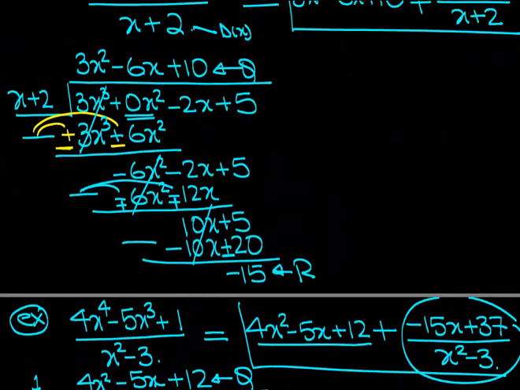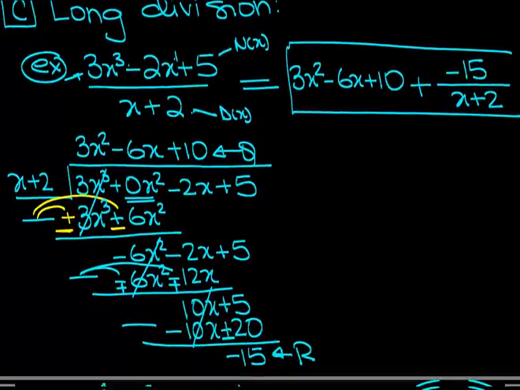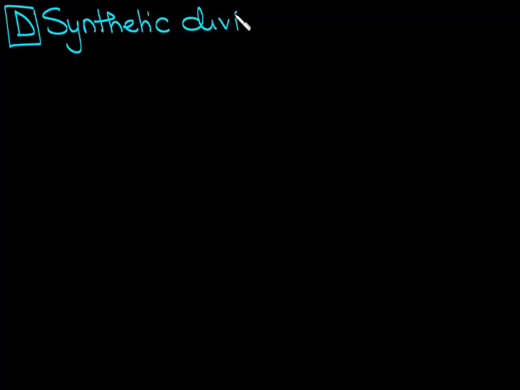Actually, before I talk about factoring, let me go ahead and talk about synthetic division, then we'll come back to factoring stuff. So we took a look at long division, but there's another way to divide polynomials, which is synthetic division. But there's one drawback to synthetic division.